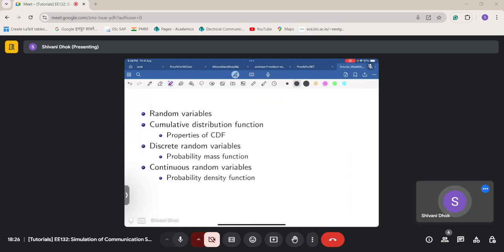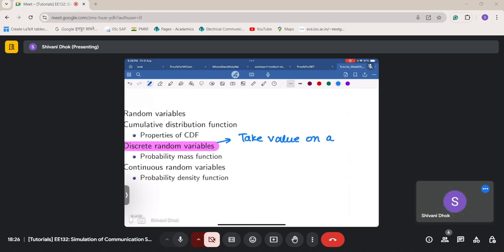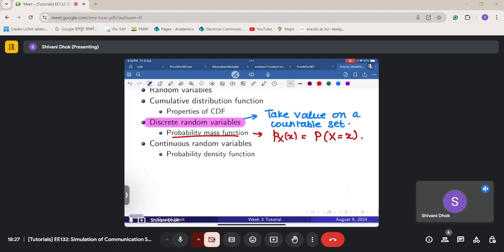Then we have types of random variables, that is discrete. These discrete random variables take values on a countable set, and for these we have the probability mass function, which we can write as px of x equal to probability that X takes value x. And then we have continuous random variables.